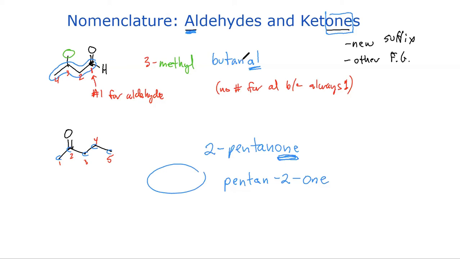We're going to take a quick look now at what happens when we have other functional groups present in the molecule. And the other functional groups that we might have present are alcohols, alkenes, and alkynes. And we could have an aldehyde and a ketone in the same molecule.